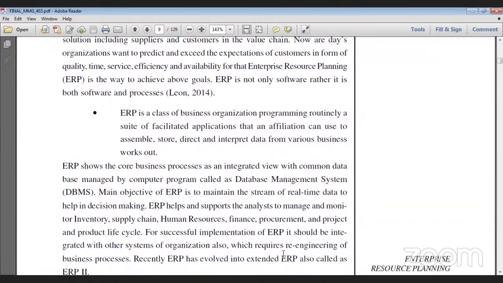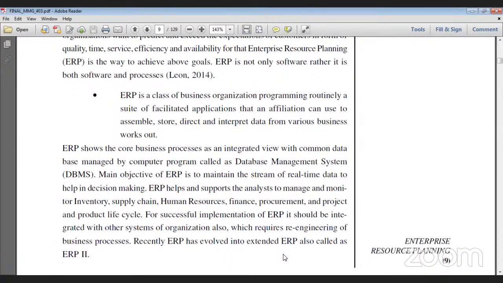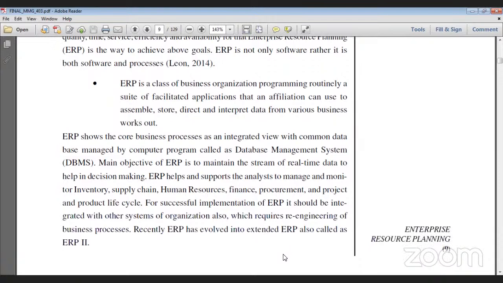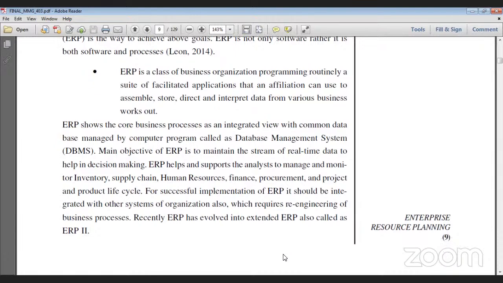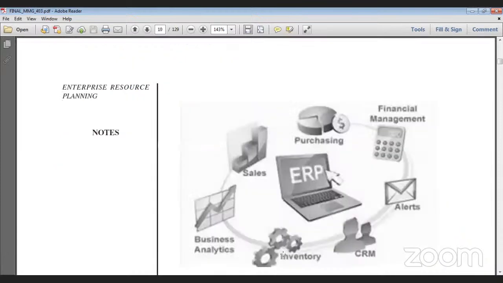ERP shows the core business process as an integrated view with a common database managed by a computer program called a database management system, DBMS. The main objective of ERP is to maintain the stream of real-time data to help in decision making. ERP also helps customers and helps analyze and manage monetary investment.